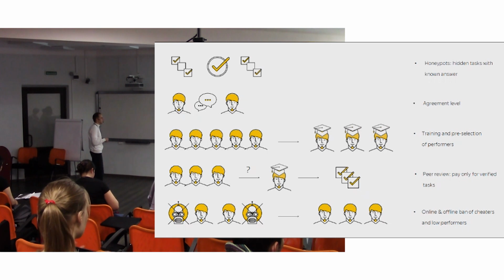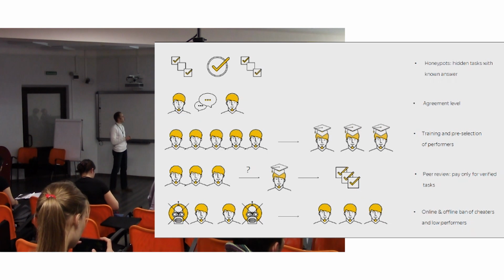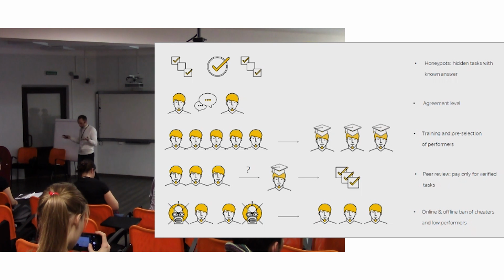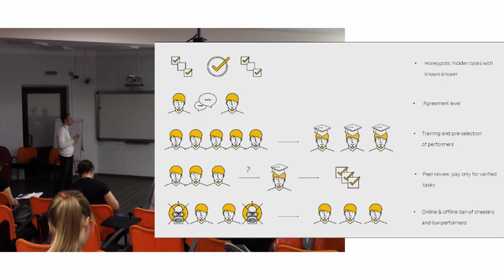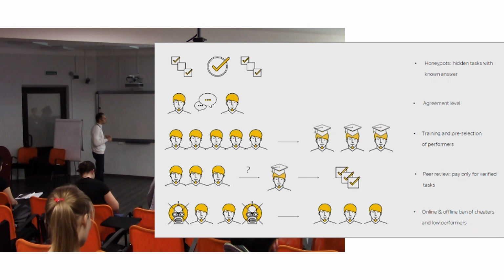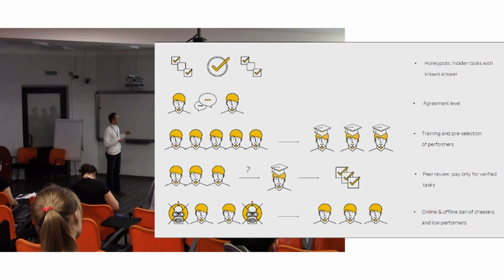The popular way is majority vote, or agreement level. For example, let us measure the quality of a worker by what percent of his answers is consistent with the answers of the majority. It is less efficient than the first one, but to some extent it's okay too. Of course, we train and pre-select performers.